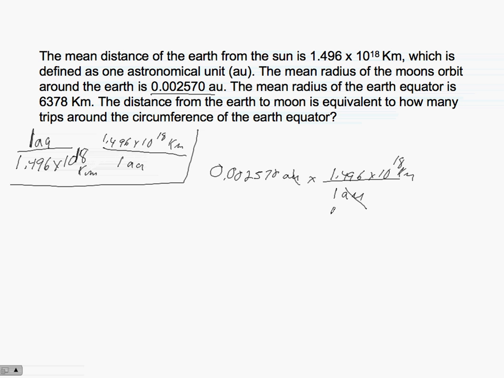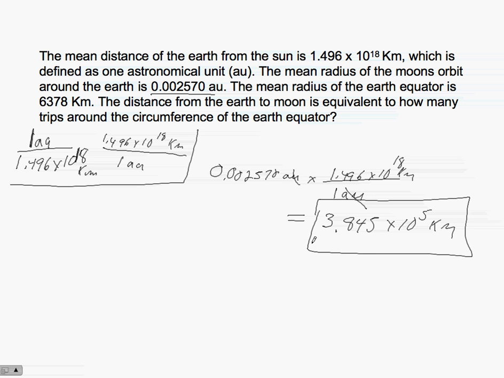Astronomical units cancel out, and our answer is given to us in kilometers, which is 3.845 times 10 to the 5th kilometers. So this number here represents the distance from the Earth to the Moon.